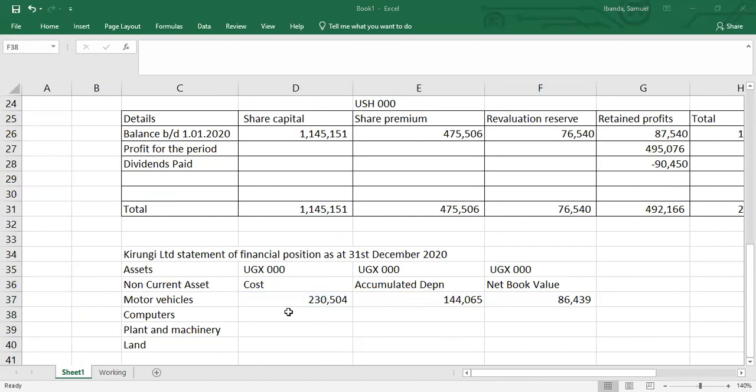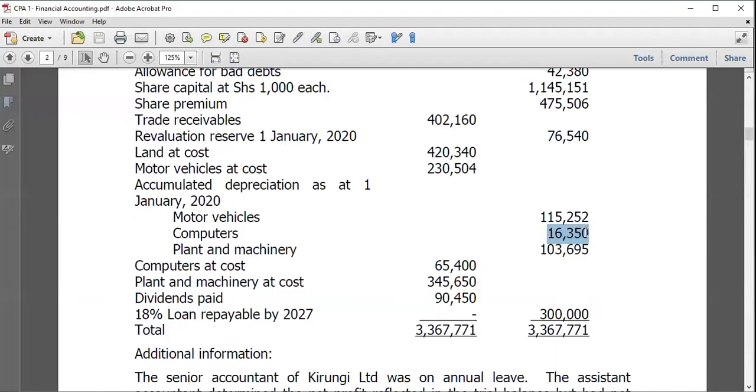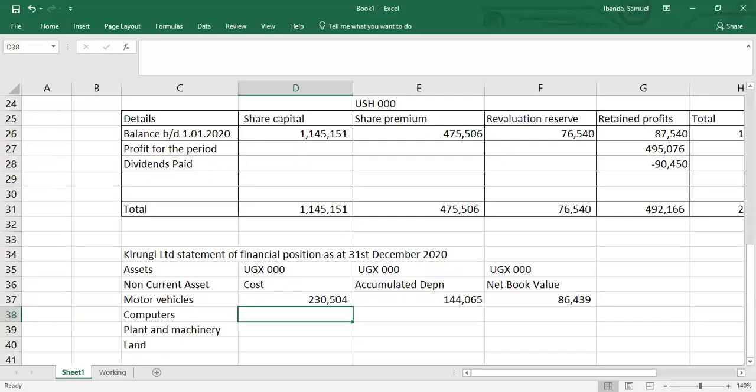So I'll do the same thing for the computer. I'll just come here and pick this, 16,350, press my calculator, and I'll come right here. Okay, let me first pick the cost. I've picked the accumulated depreciation. Let me first pick the cost.